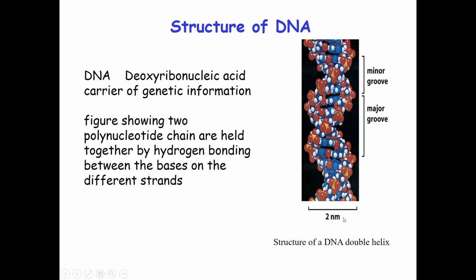2 nanometer means very small, and you cannot see it even by using a light microscope or compound microscope. To see the DNA double helical structure, you need to use a transmission electron microscope, TEM. DNA, deoxyribonucleic acid, is the carrier of genetic information.